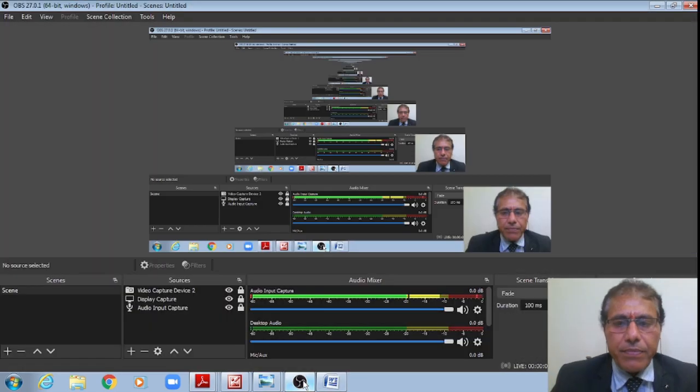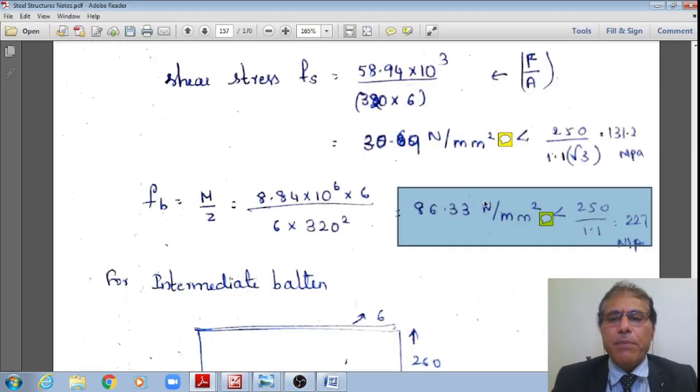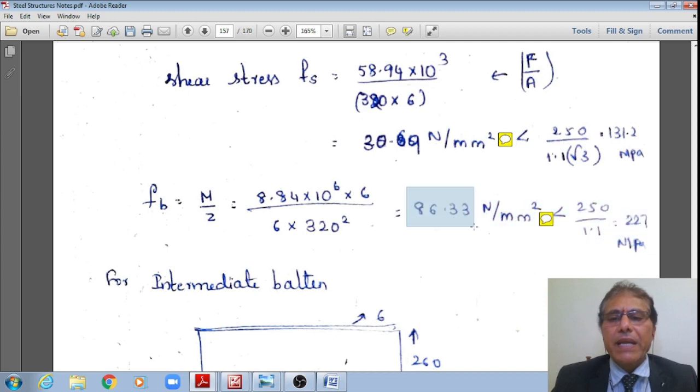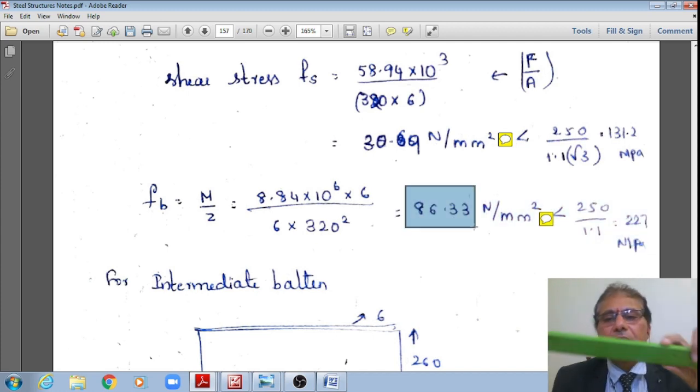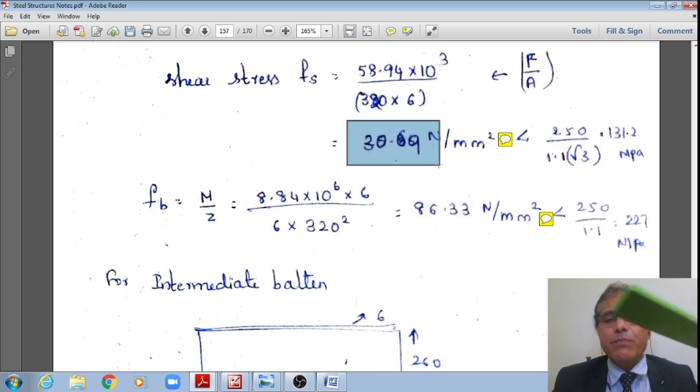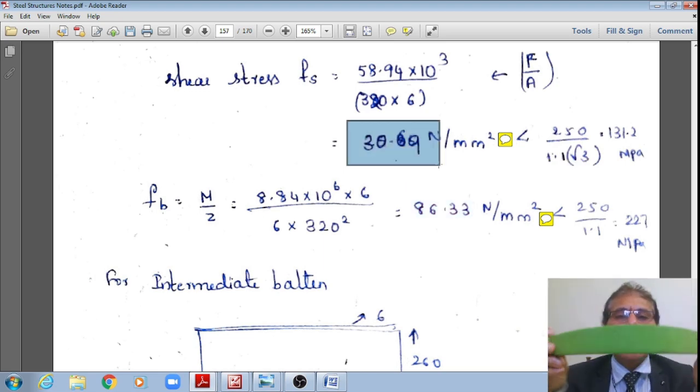Therefore, it is okay. However, please make a note that compared to the bending stress value of 86.33, this shear stress is very small, 30.7. It means primarily this flat is governed by the bending, with more bending stress compared to the shear stress, right?